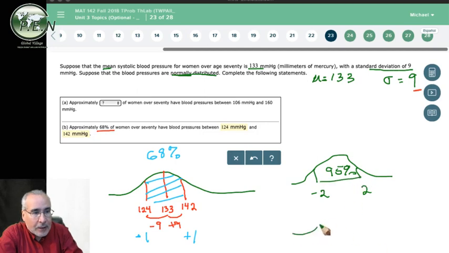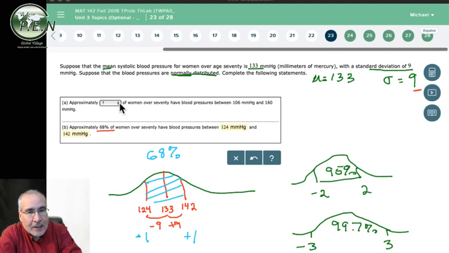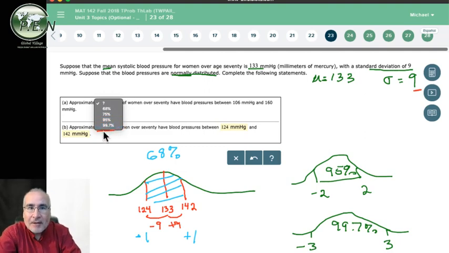And then the last one we get is if we're from 3 below to 3 above, that's going to give us 99.7%. So when you're answering these, if you've gone over these a few times, they've always got this 75% in there. It's not one of the numbers, but it might get you if you haven't done the homework. But if you've done the homework, you'll know it's either 68, 95, or 99.7.